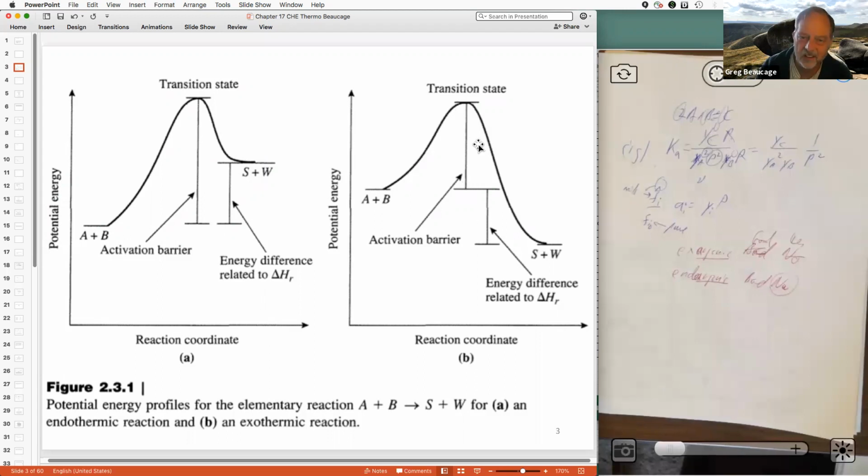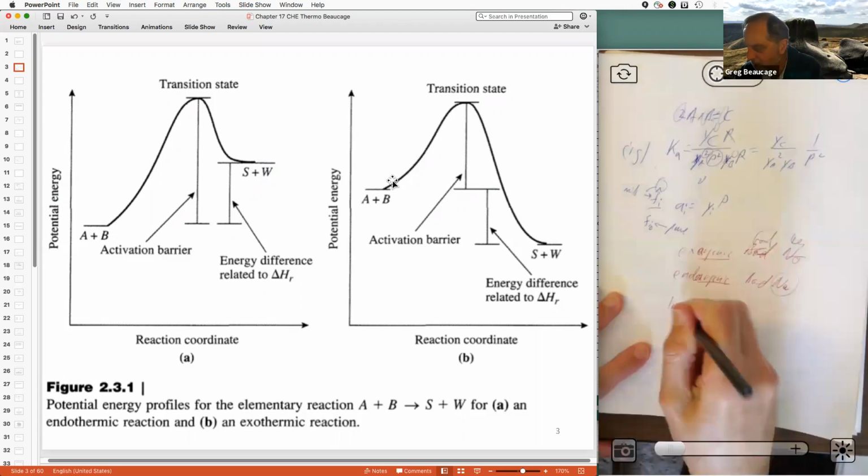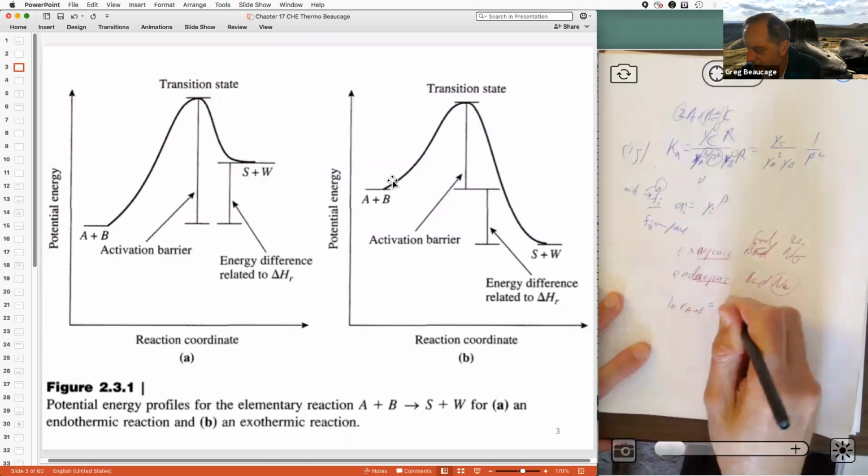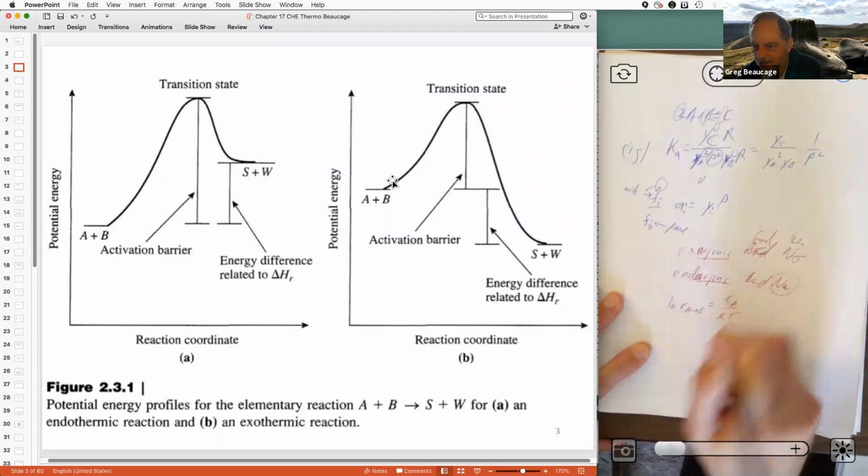So this is Arrhenius behavior. You'd expect that the log of the rate of the reaction is going to go like the activation energy over kT.